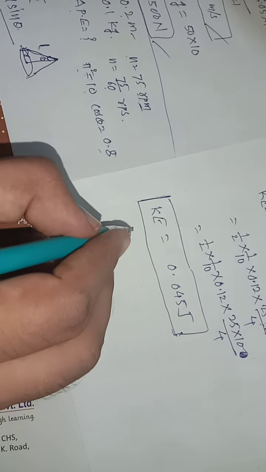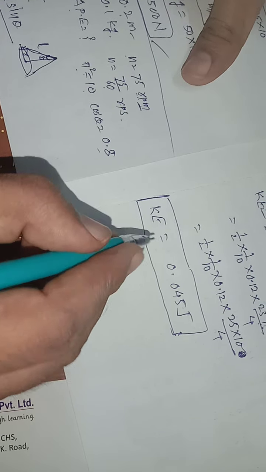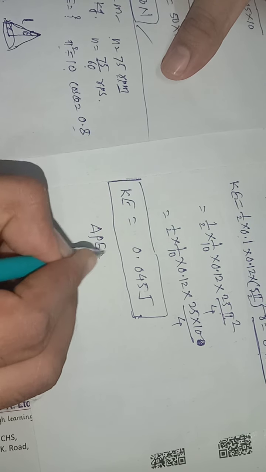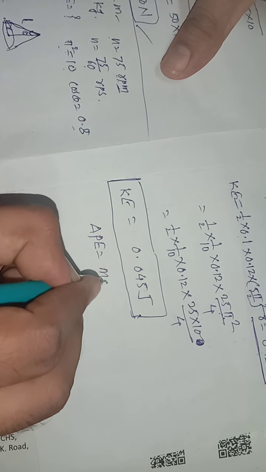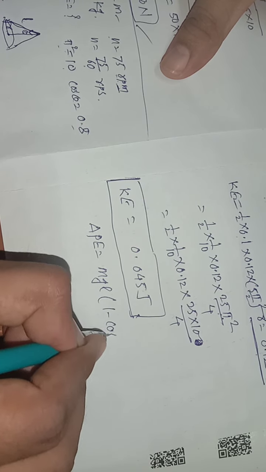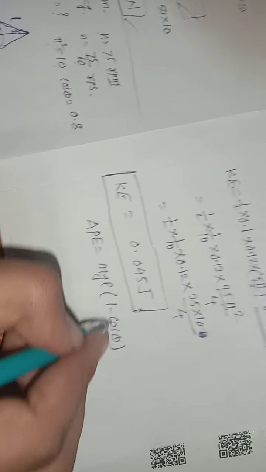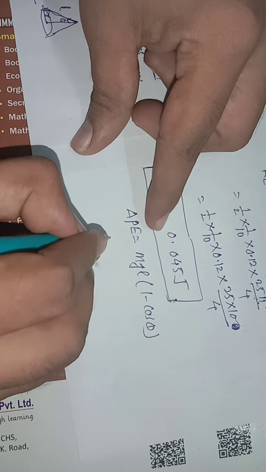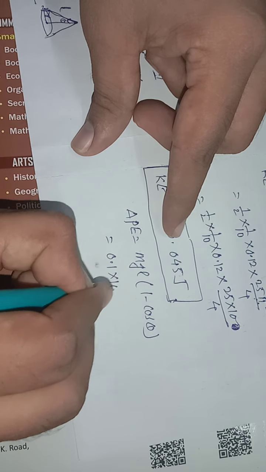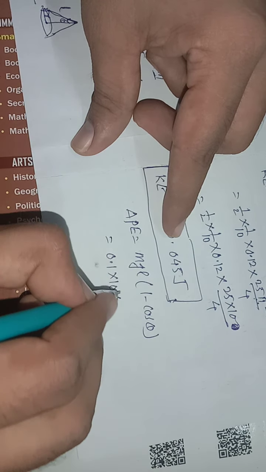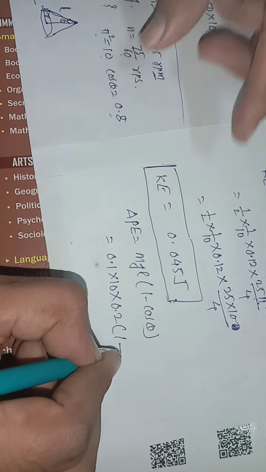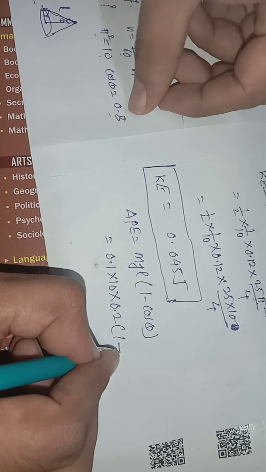And secondly, we have to calculate the increase in gravitational potential energy, delta PE, is equal to m g l into bracket 1 minus cos theta. This is the formula for increase in gravitational potential energy. M is given as 0.1, g is equal to 10, l is given as 0.2, and cos theta is 0.8.